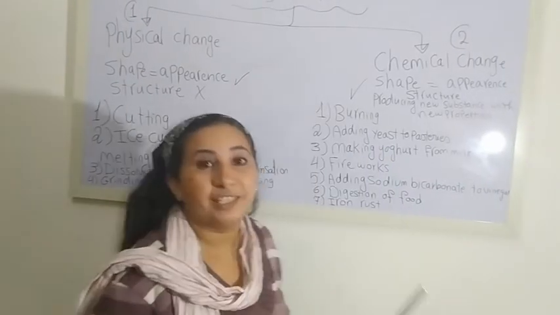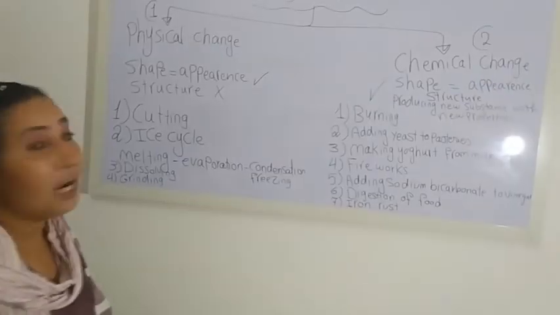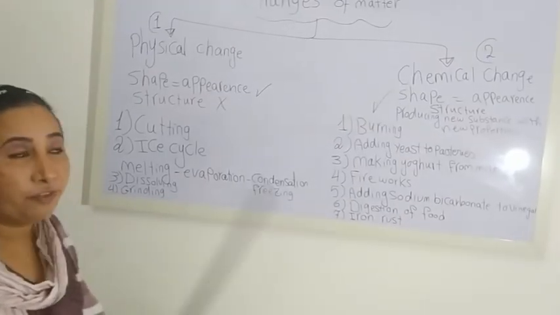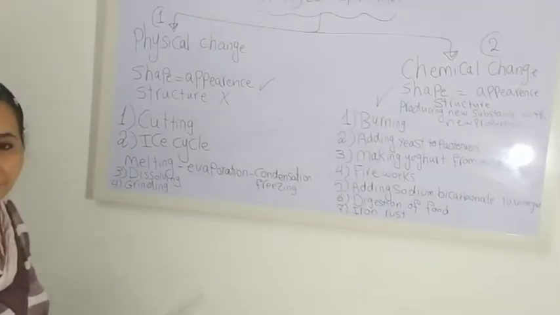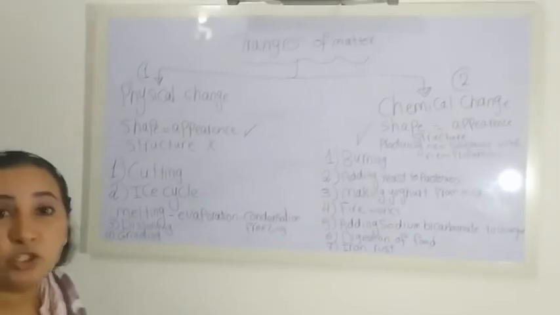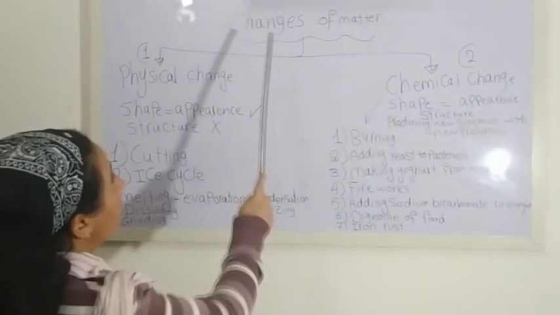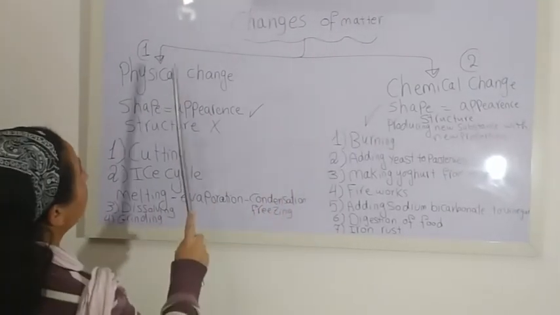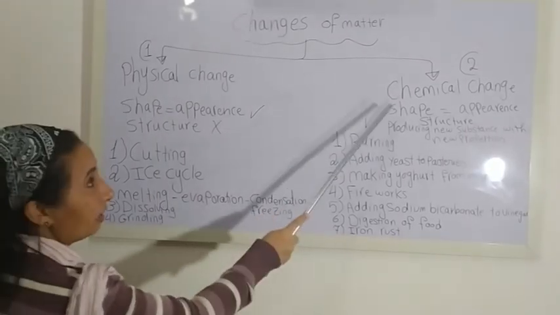That was the physical and the chemical change. I'd like to revise it again. The changes of matter: we have two types of changes, physical change and chemical change.